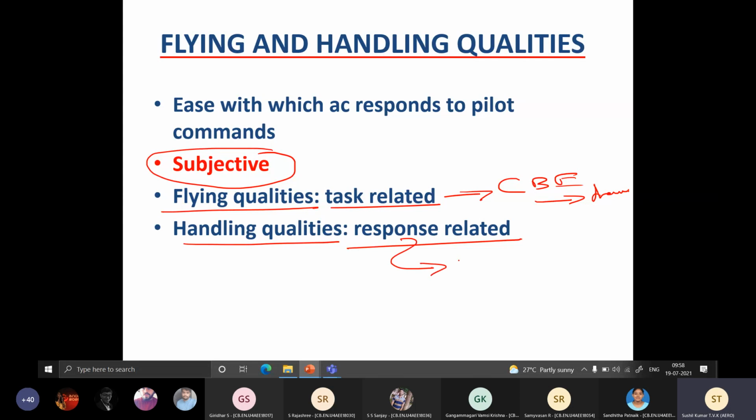Response related is if I give a deflection to the elevator, the aircraft should respond reasonably well. So that is short term. Okay, whenever I disturb the control surfaces or disturb the equilibrium, how the aircraft is responding. So that's called response related. The first one is called flying quality and the second one is handling quality.